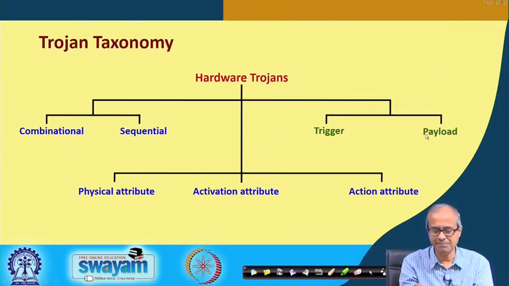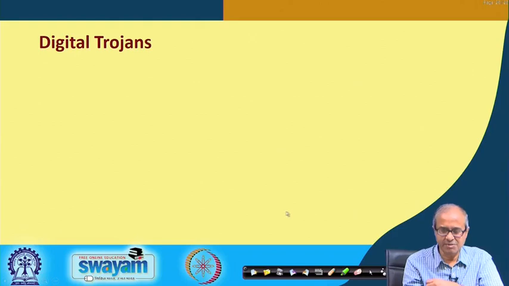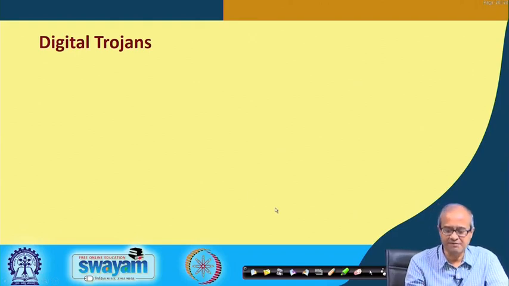Trigger and payload are very similar to activation and action, but physical attributes describe how it actually looks. So, there are many ways you can try and classify Trojan behavior.